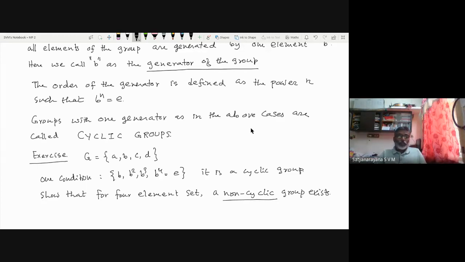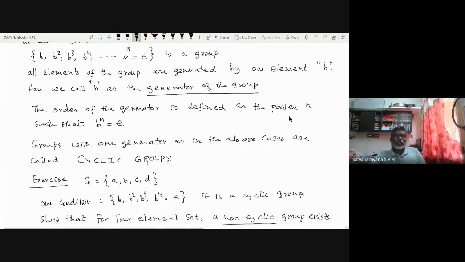But up to a 3-element group, if it is a group, it is only a cyclic group. Only for groups of order more than 3, you have non-cyclic groups possible. So I want you to figure out what are the conditions on ABCD such that the group will be a non-cyclic group.